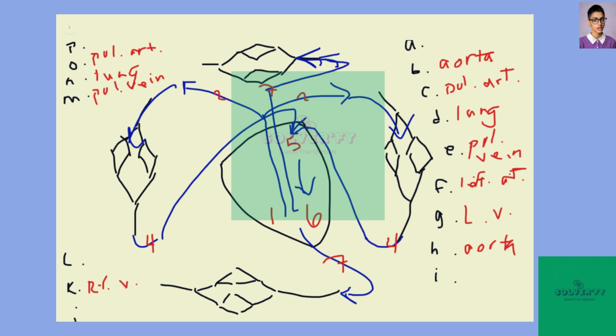This will be labeled with option A. So we'll just say capillaries of head, just for short, but for you to know, this is everything in the top side of your body. And then labeling this for everything going into the abdominal region and the legs will be I. So these are capillaries of the abdominal region and the legs.